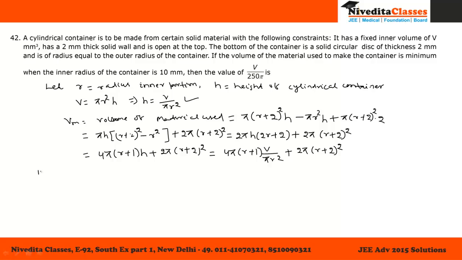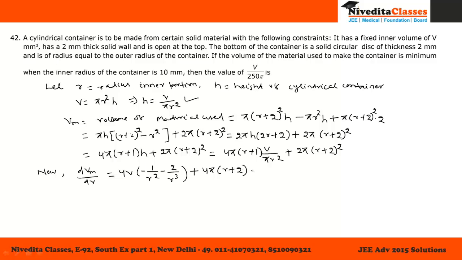Now, for the material to be minimum, we should take the derivative of the material. So now dVm upon dr, we take the derivative of Vm with respect to radius r, and this will be 4V into minus 1 upon r square minus 2 upon r cube plus 4 pi into r plus 2.